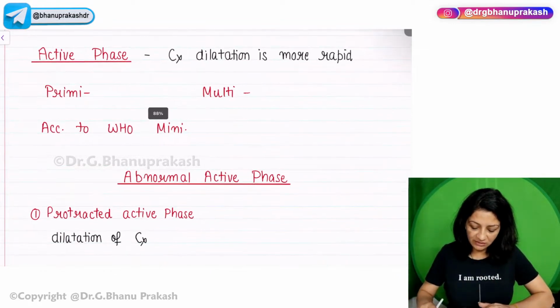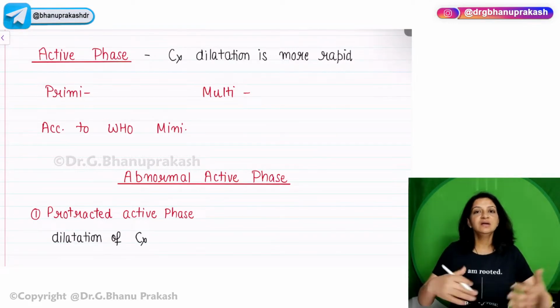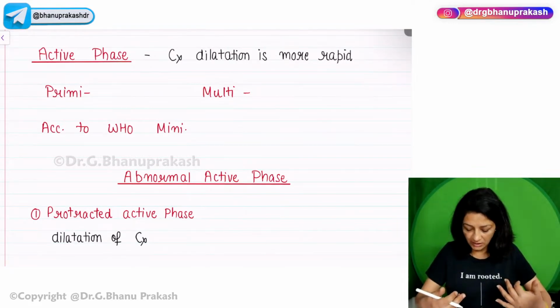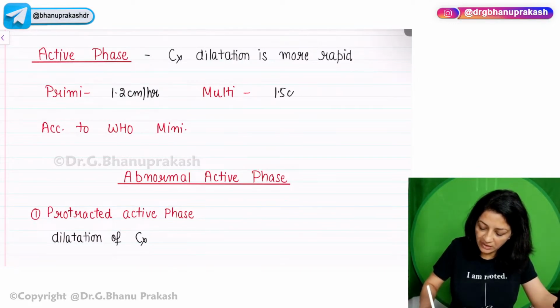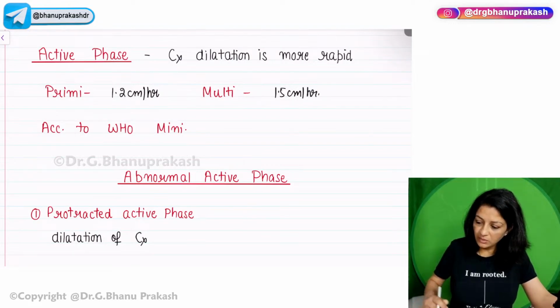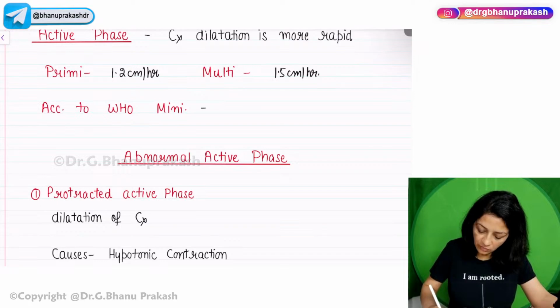Okay, so in the active phase cervical dilatation is more rapid. एक्टिव फेज में डायलिटेशन जल्दी जल्दी होना स्टार्ट हो जाएगा. So in primi 1.2 centimeter per hour, in multi 1.5 centimeter per hour, or according to WHO 1 centimeter per hour.